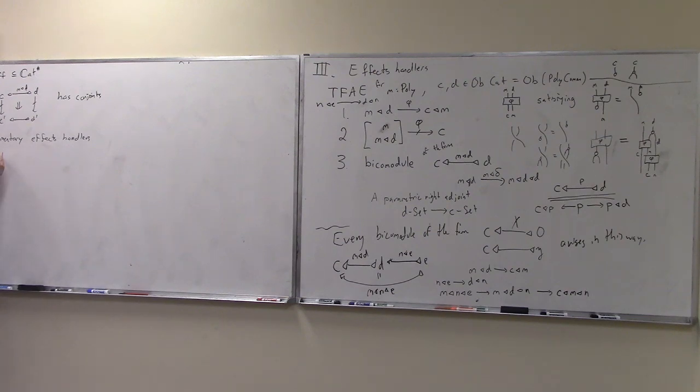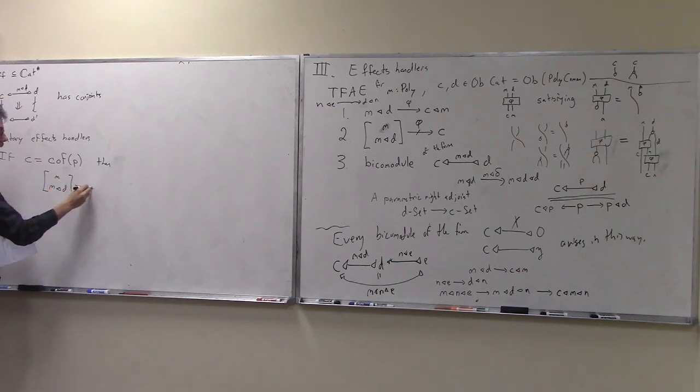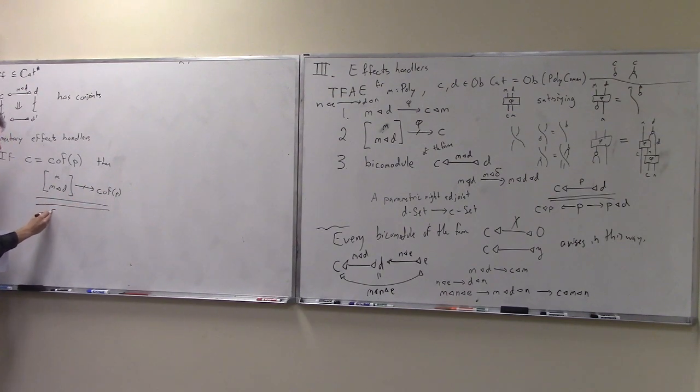If C happens to be the co-free comonoid on some P, then it's just a fact that a cofunctor from any comonoid to C is the same thing as just a regular old map from the polynomial to P. So that's thing one. When C is co-free, I can reduce this definition a bit.